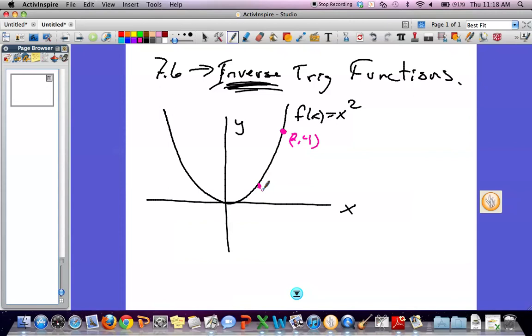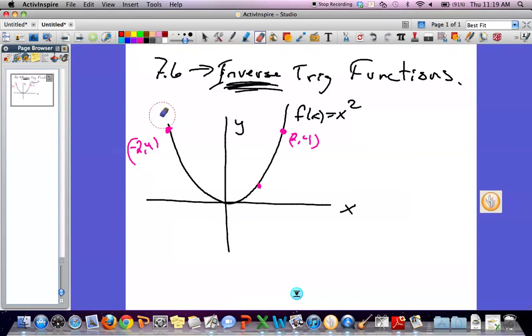If it passes a vertical line test and horizontal line test, the function is 1 to 1, and it has to be 1 to 1 in order for it to have an inverse. So this function right here would not have an inverse because for this value of y, we also have a value of x, and that's negative 2, 4. So it would not have an inverse if I included the back side.